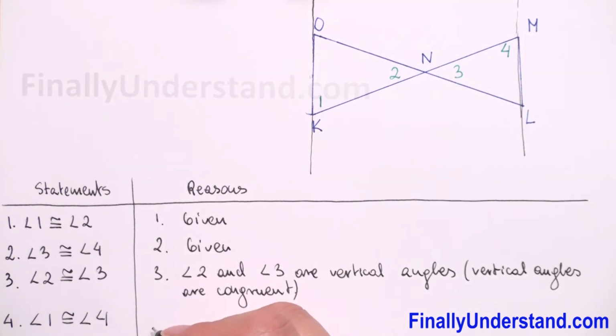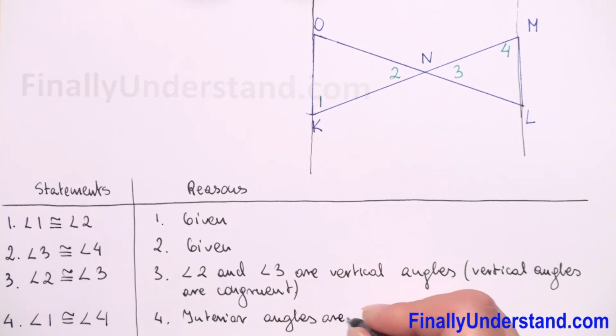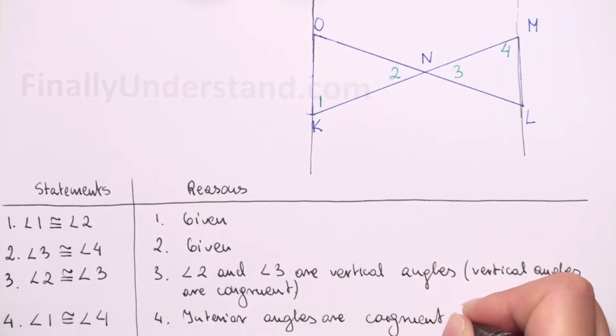So we have interior angles that are congruent, by the transitive property of congruence for angles.